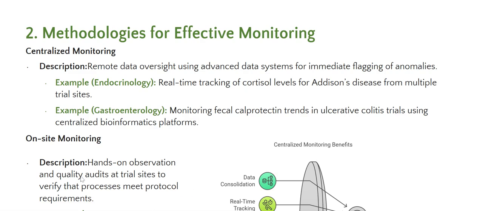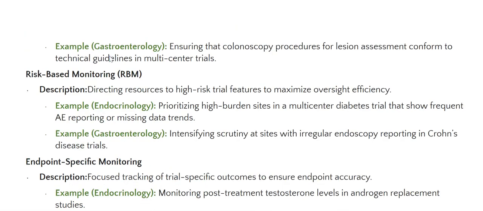And here, continuing with on-site monitoring, another example in gastroenterology: ensuring that colonoscopy procedures for lesion assessment conform to technical guidelines in multi-center trials. RBM, risk-based monitoring. Description: directing resources to high-risk trial features to maximize oversight efficiency.